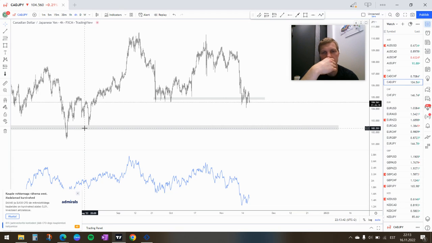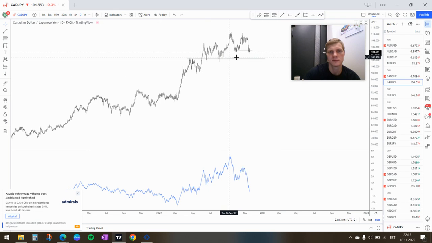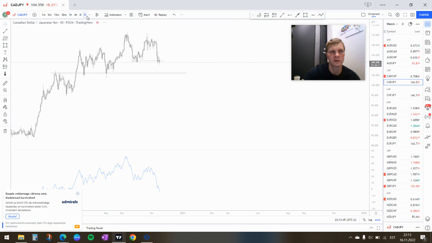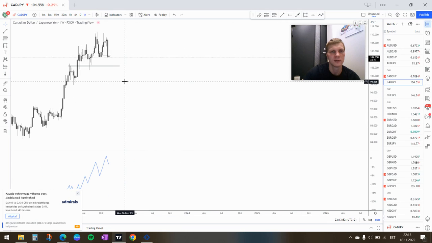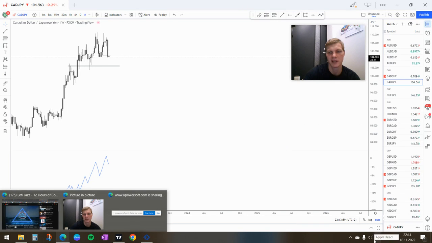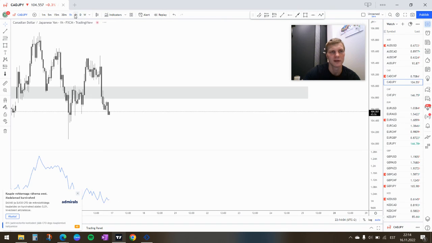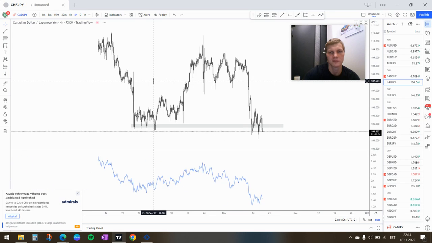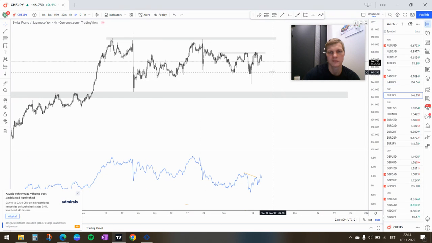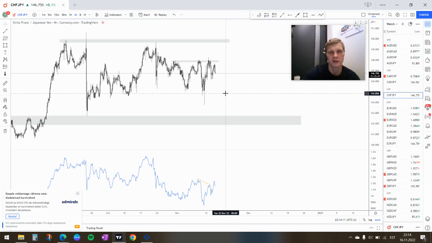So this might break and come to this recent low here, and that way it would make a semi head and shoulders. Okay, this is dropping now as well. I'm not going to take it.